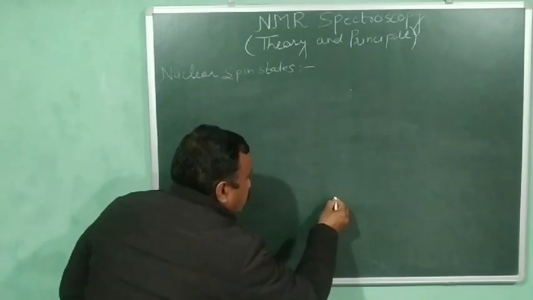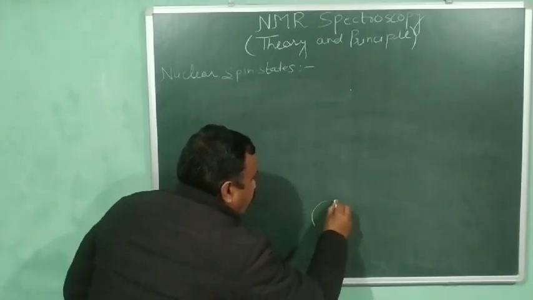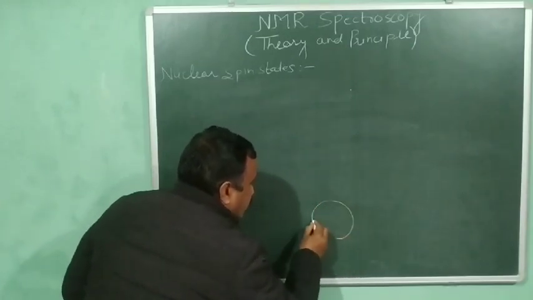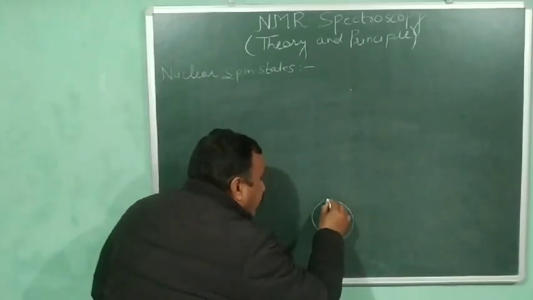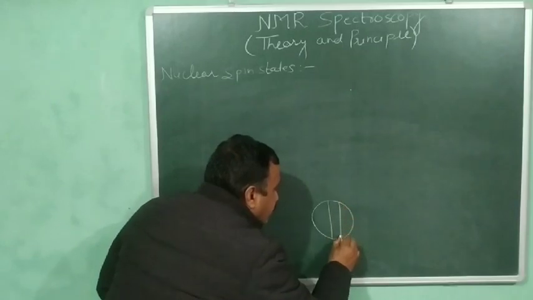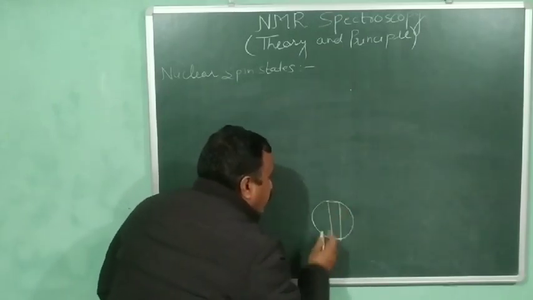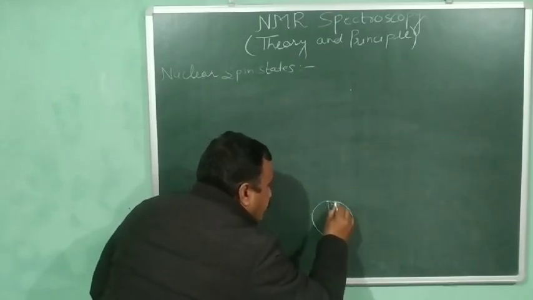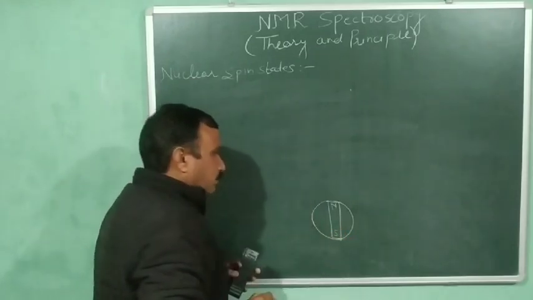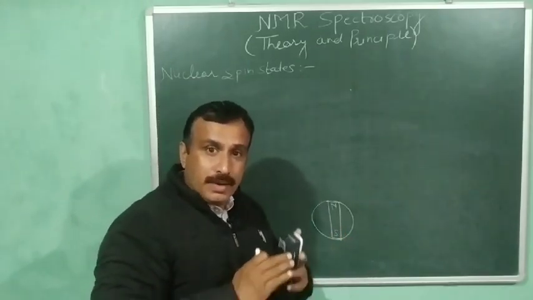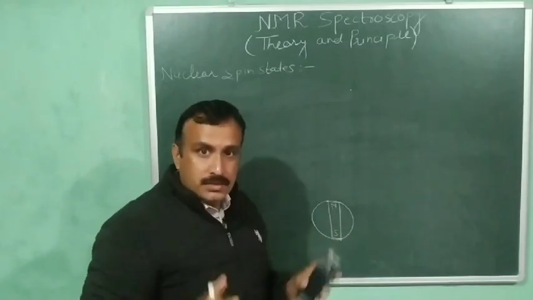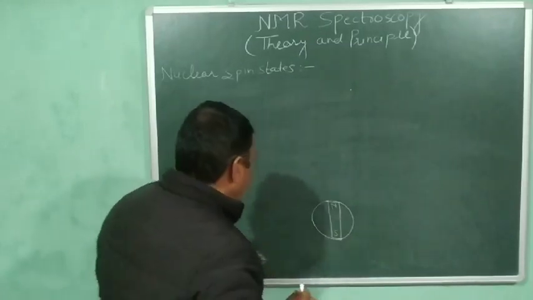So here I have this hydrogen nucleus which has one proton, and that proton is behaving as a magnet. Okay, so this is the north pole of the magnet and this is the south pole of the magnet. Now I have applied an external magnetic field around this proton or this hydrogen nucleus.